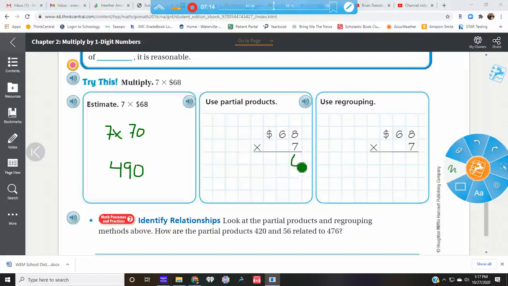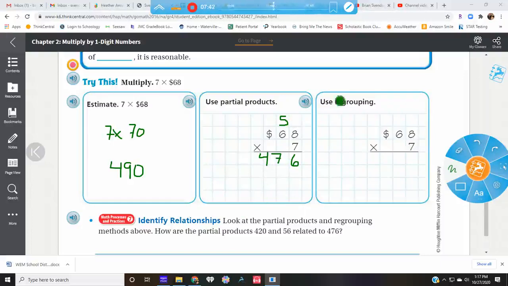I'm going to put my 6 here, then I'm going to bring my 5 up here. Now 7 times 60. Well, I know that 7 times 6 is 42, and that gives 476.